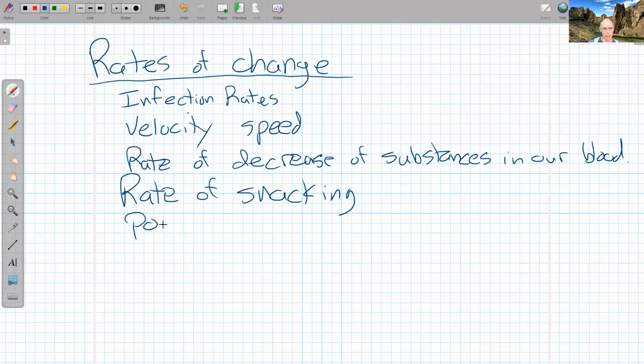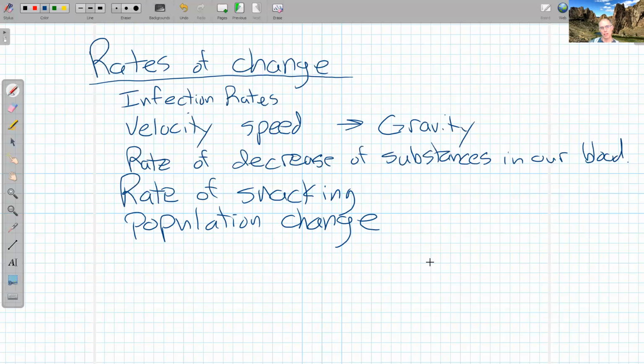So population change. Related to gravity, speed, sorry, velocity. We drop something, it falls. We jump, we come back down. So gravity is a good one. And we could spend all day just listing rates of change.